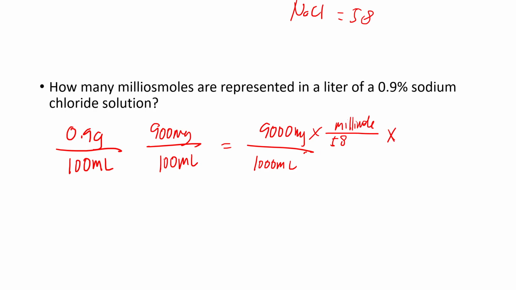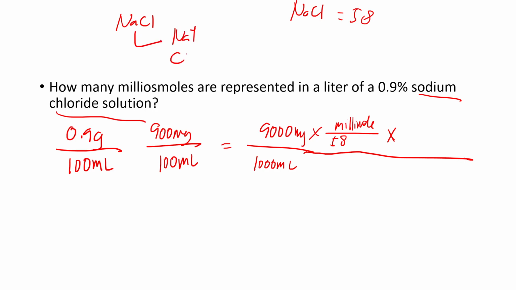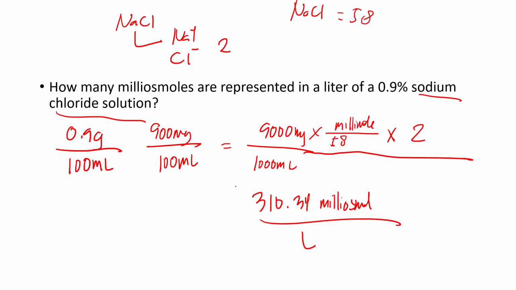Since this is not a plain ion but a compound, sodium chloride will dissociate into sodium and chloride ions. The species number is 2. So 9,000 divided by 58 times 2 is 310.34 milliosmol per liter solution.